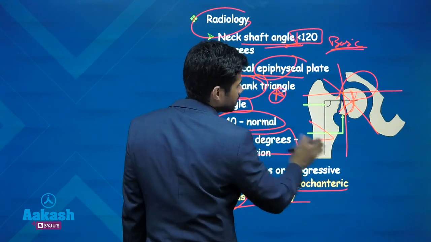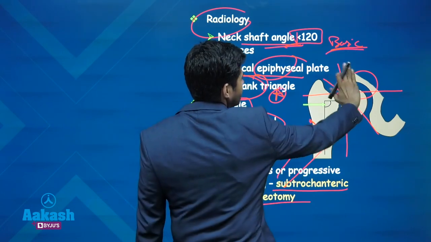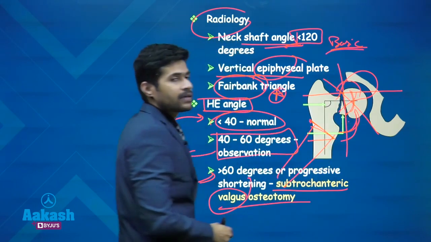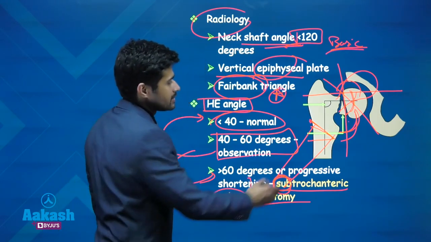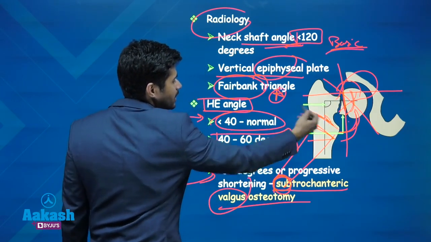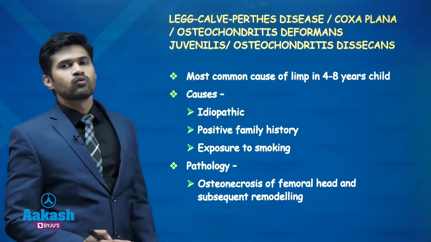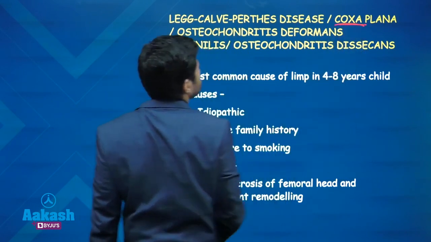That means we take out a bridge, we introduce a valgus here, and that's why this whole part will be rotated and the neck shaft angle will be relatively reduced. So subtrochanteric, it is happening here, not here. Subtrochanteric valgus osteotomy, right?